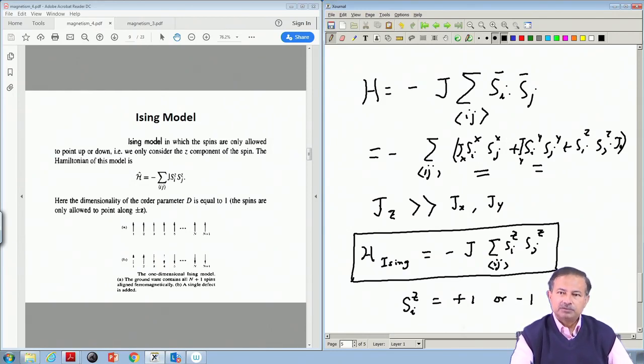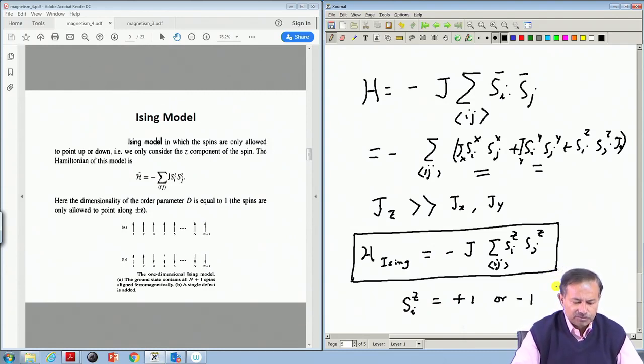But in one special dimension, this model can be solved exactly, and you can calculate the magnetization, the free energy, and so on, and that solution is really interesting because it tells you a lot of physics about such models.